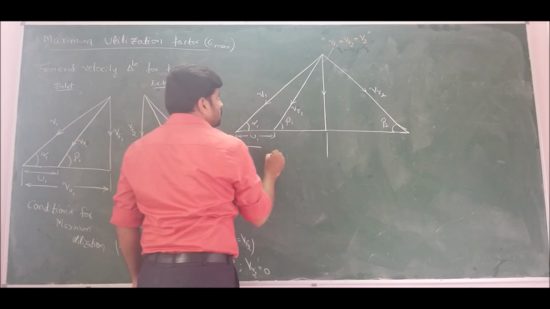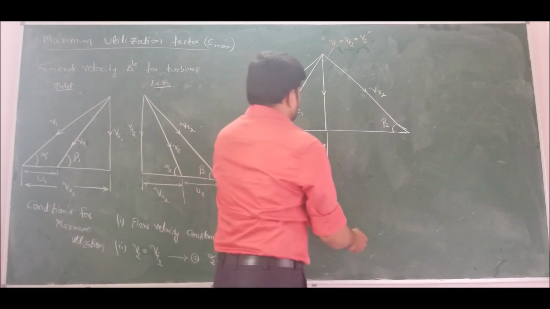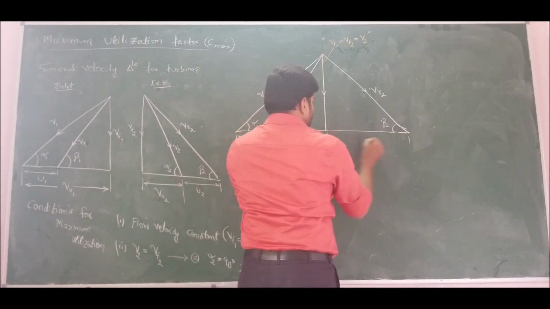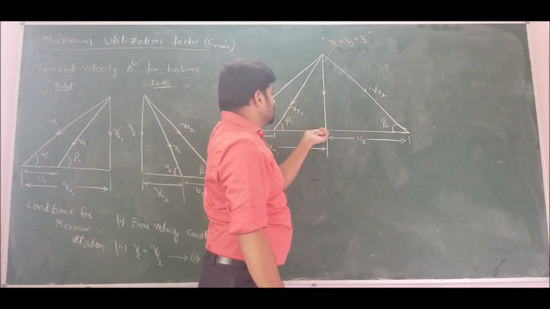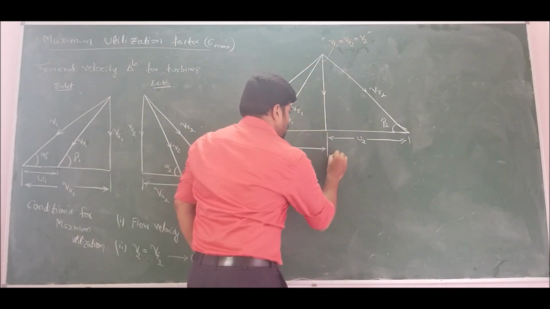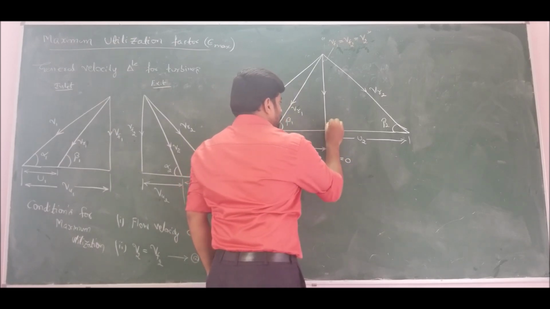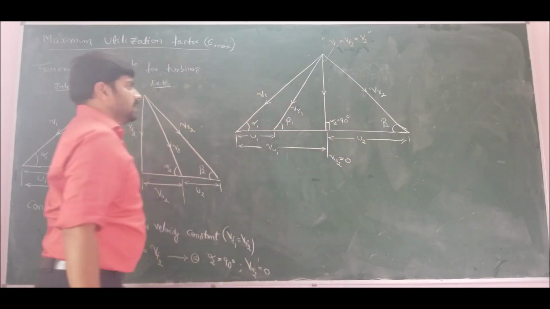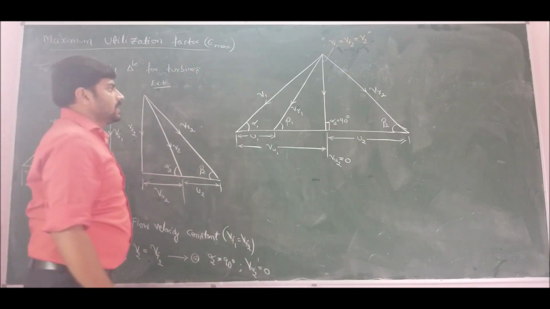Distance from absolute to flow velocity is Vu1. Now again at the exit, absolute is a reference, absolute velocity of discharge is nothing but Vf. So absolute to relative is U2, the speed of the rotor, and there is no distance between absolute and flow, so therefore Vu2 is equal to 0. And I am getting alpha 2 as 90 degree. So this is the velocity diagram for maximum utilization.